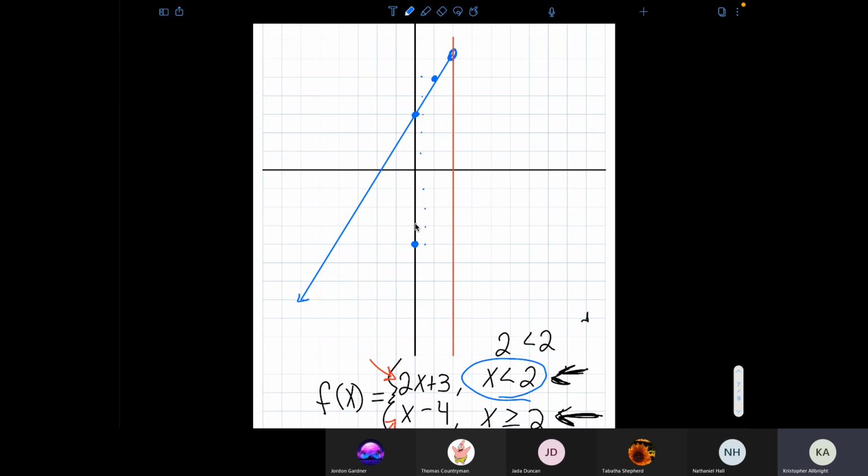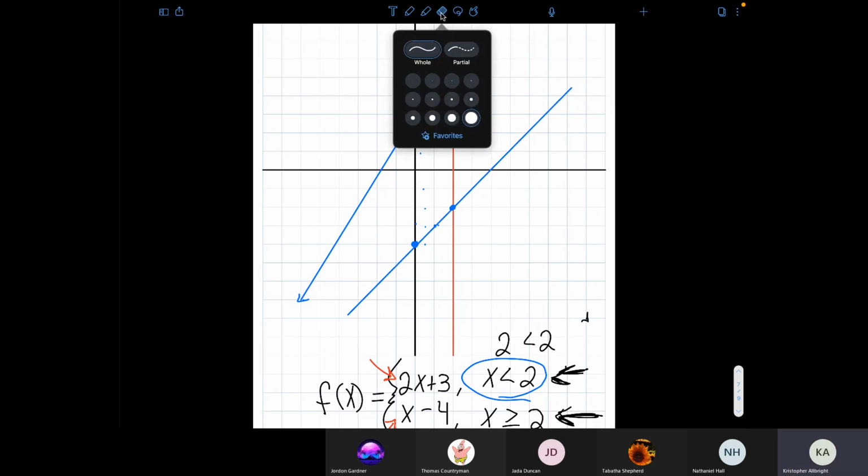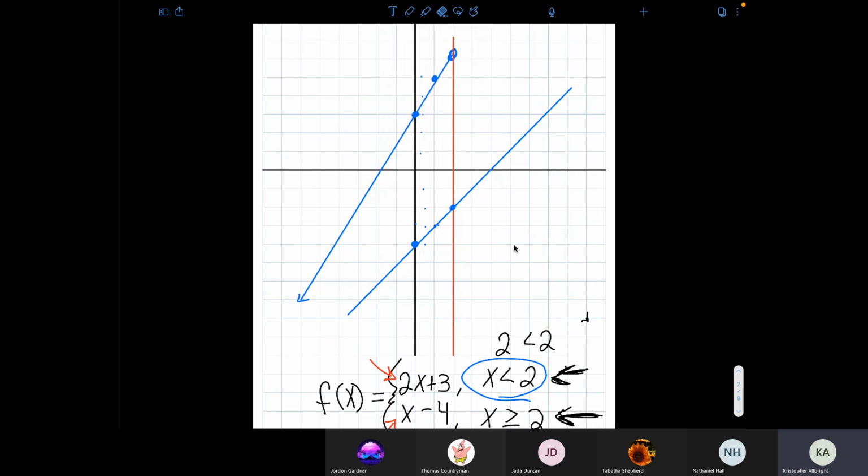So we're rising 1, running 1. Rising 1, running 1. So drawing our line, it looks like this. Now, it's okay that we're on both sides of the line for right now. But now what we do is we divide the graph up. We say, x minus 4 is only right on the right side of the line. So we erase everything on the left side.